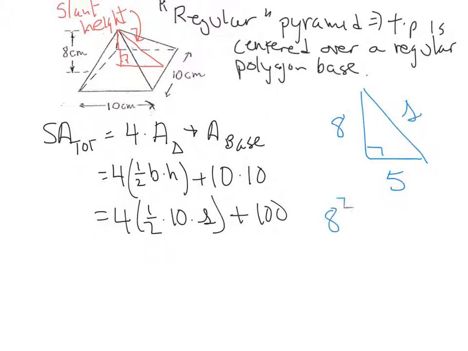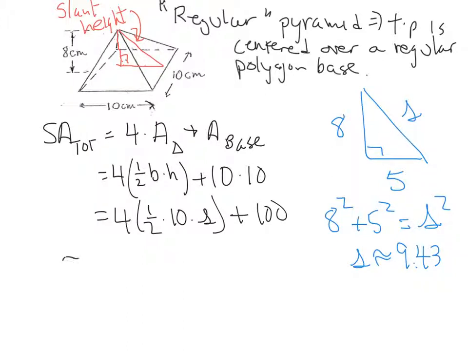So we've got 8 squared plus 5 squared equals S squared. And if you sort that out, you're going to find that S is the square root of 89, which is approximately 9.43 centimeters or so.